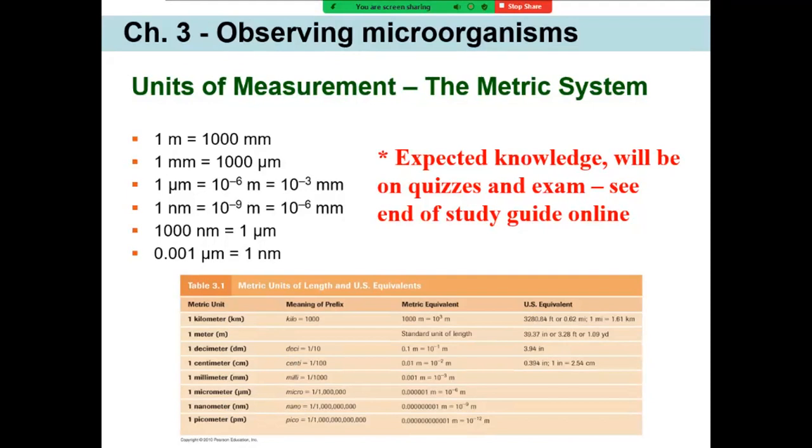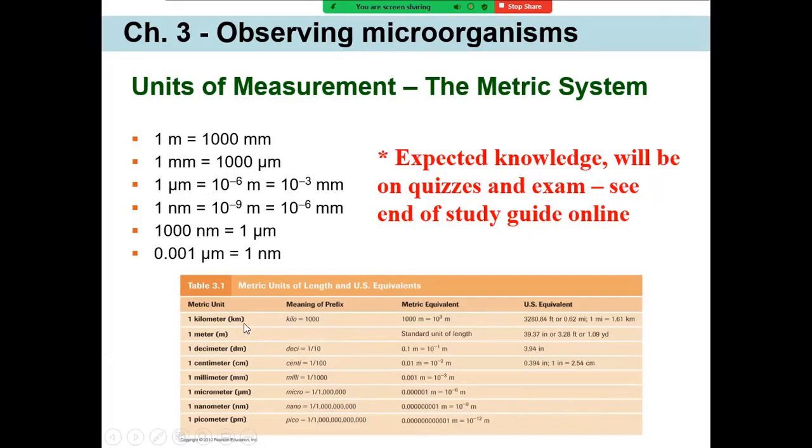And when we're talking about weight, or mass, I'm sorry, weight or mass, we use grams. And in volume or amount of liquid measurement, we use liters. And so we just switch the term gram, liter, and meter, depending on what we're measuring. But the prefix stays the same.